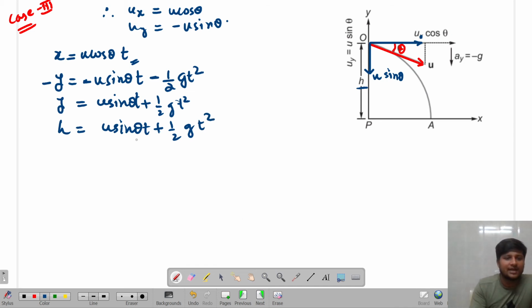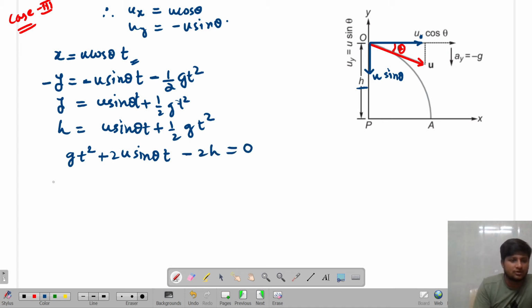Now look over here. If you know that height equation, I can write it in this form. What will I get? I will get g t square plus 2u sine theta into time t minus 2h, and this is equal to 0. So what will be the equation of time?